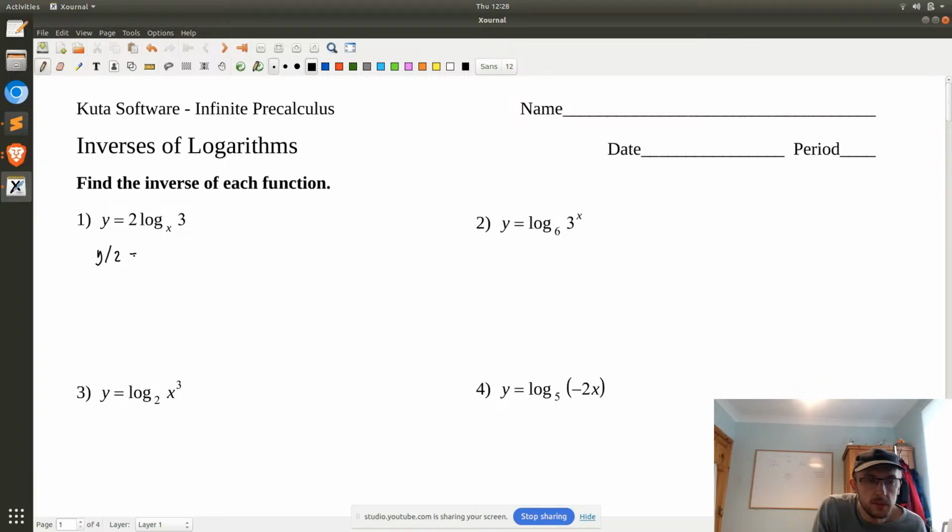So y over 2 is log base x of 3. And then x to the y over 2 is 3. And square both sides.